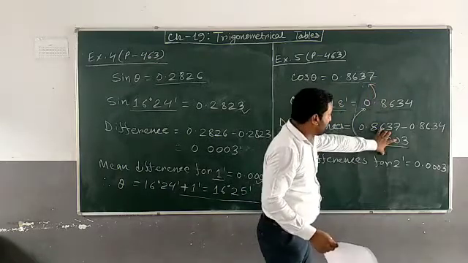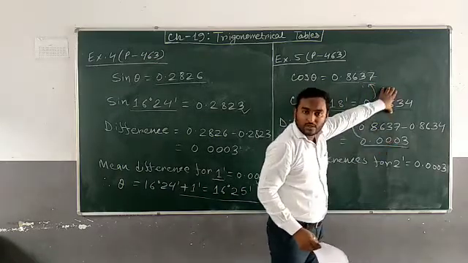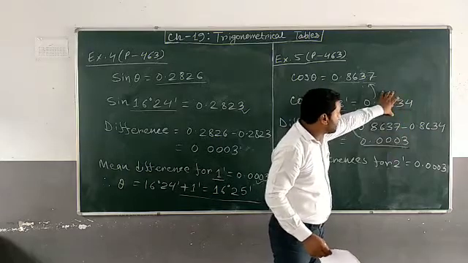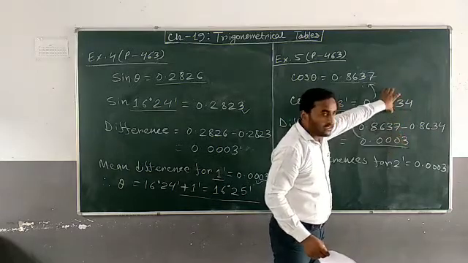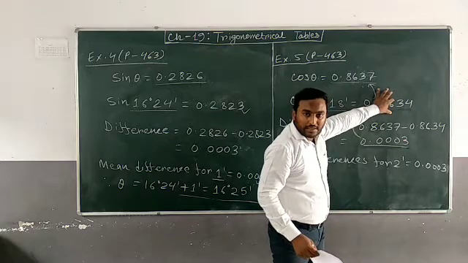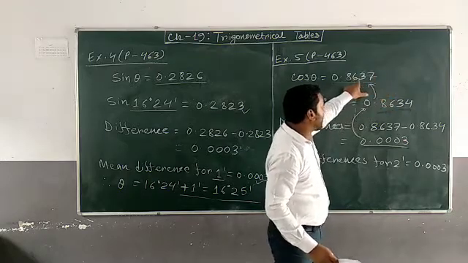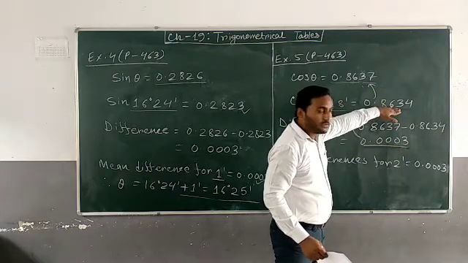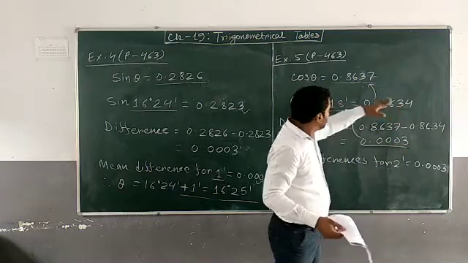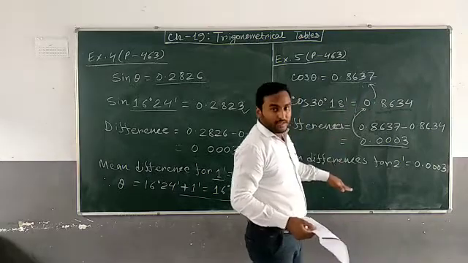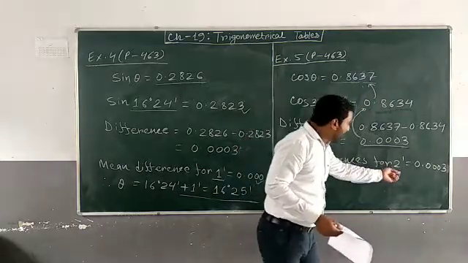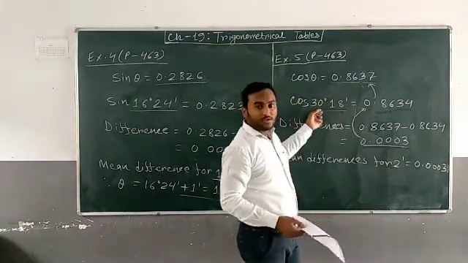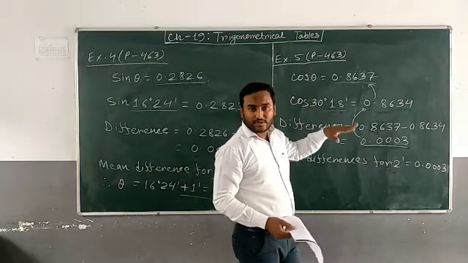When this difference is added to this value, the value increases and it becomes 0.8637. The value is added, meaning it is increasing, so the angle will decrease. This angle will be subtracted, just opposite to sine theta.